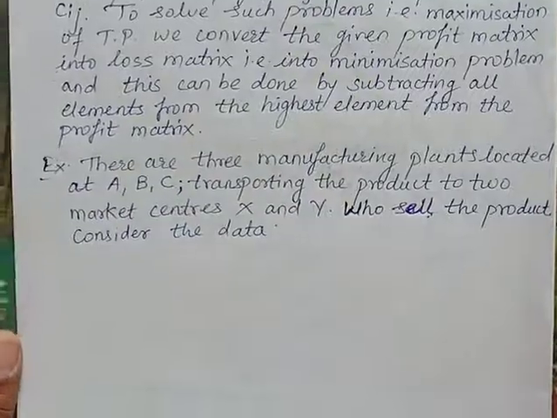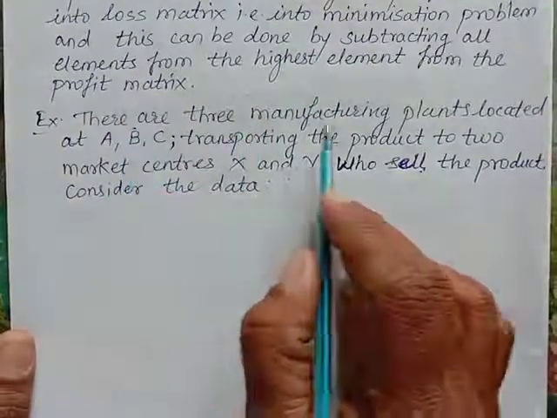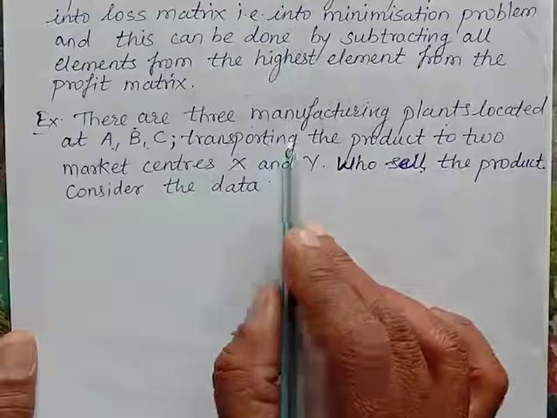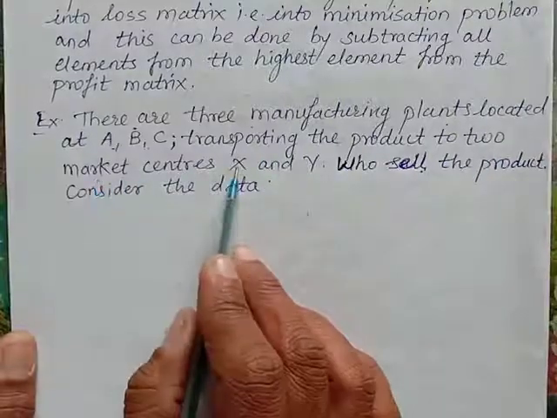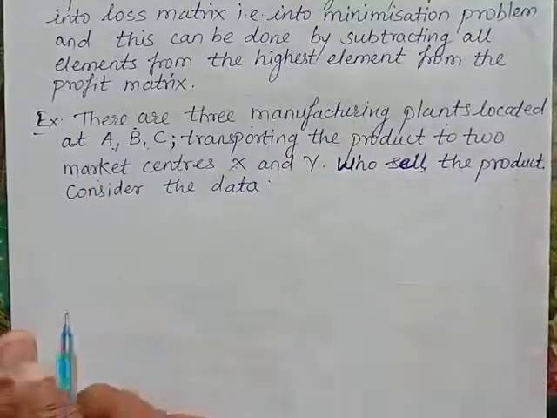Now, what was the data given to us? There are 3 manufacturing plants A, B, C transporting their product to these centers who sell the product.